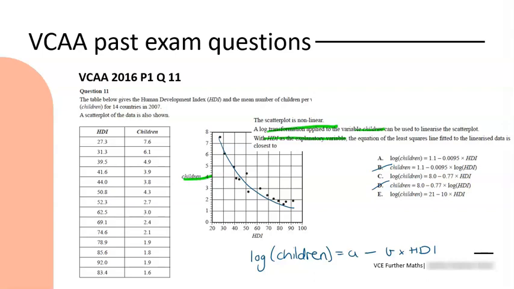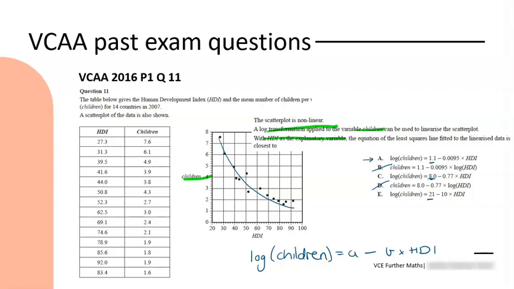That might give us a hint about our y-intercept. So it's unlikely we're going to have a y-intercept of 21, like in option E, or a y-intercept of 8, like in option C. It's more likely that we're going to have a y-intercept of 1.1. So I think at this stage that A is our best answer.